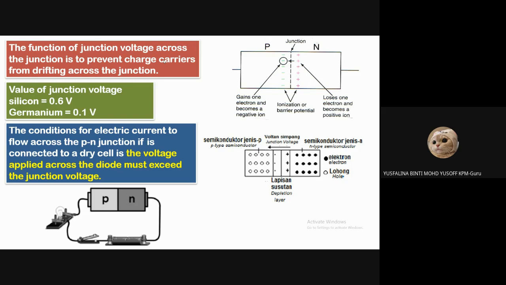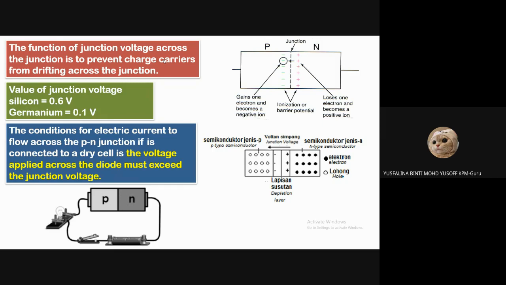So the value of the junction voltage for silicon is 0.6, while germanium is 0.1. I told you just now, the lower the junction voltage, the easier it is for the electrons or holes to move from p-type to n-type and n-type to p-type.